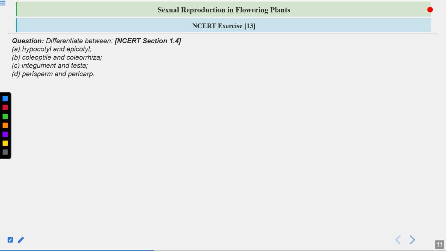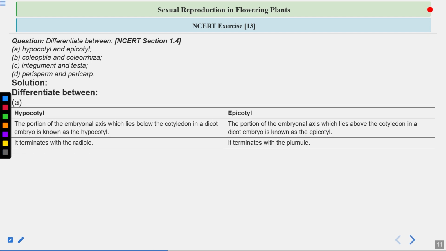So this was our question. We will take the differences one by one. The first difference is between the hypocotyl and epicotyl.